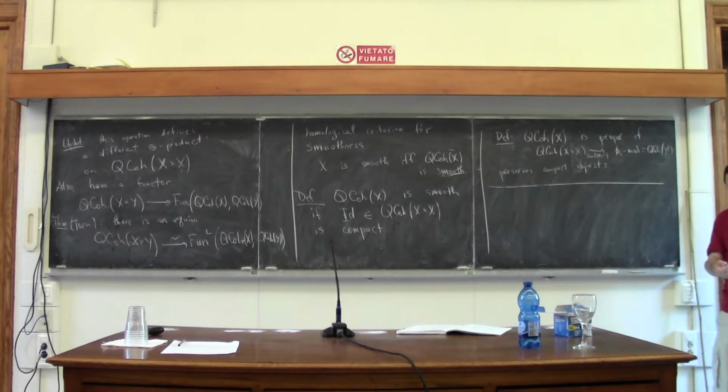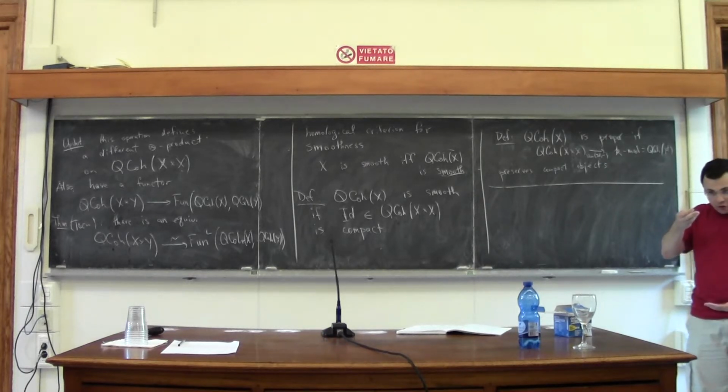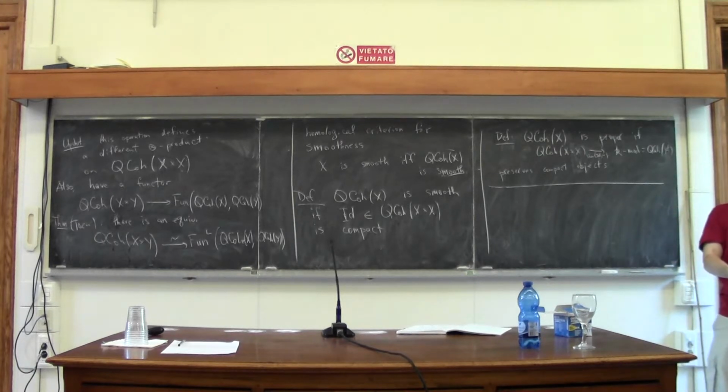Well, no. The intuition is this: what you would want to say, but can't say a priori, is that something is proper if you start with a perfect complex and you take its cohomology, then that's finite dimensional. This is the idea of something being proper. But you can't say that because there's no version of global sections in general. There's no cohomology in general.